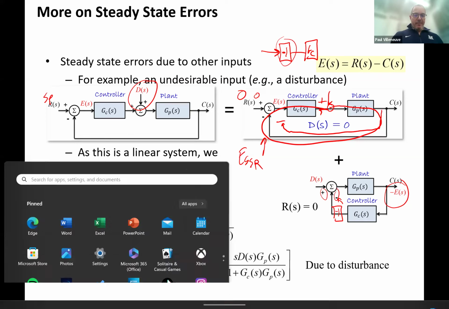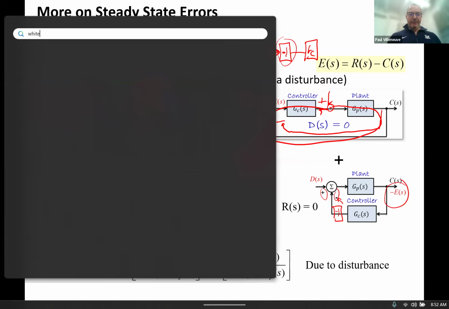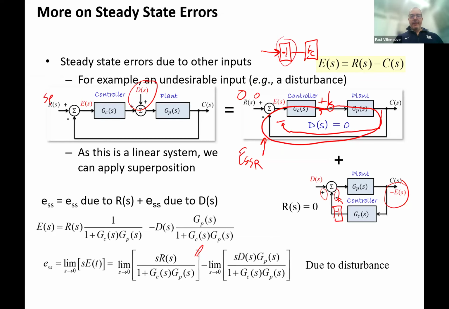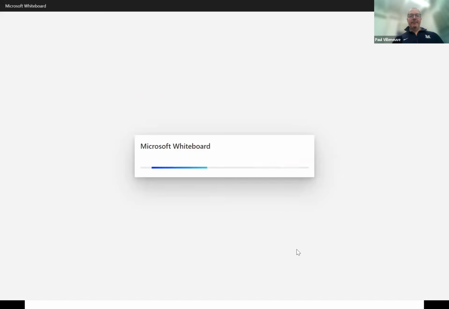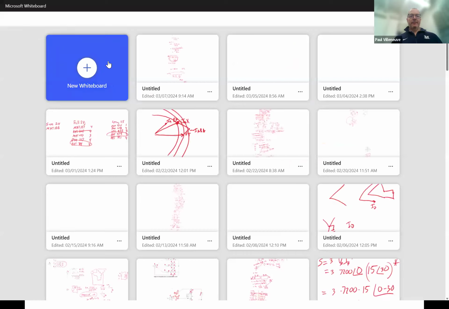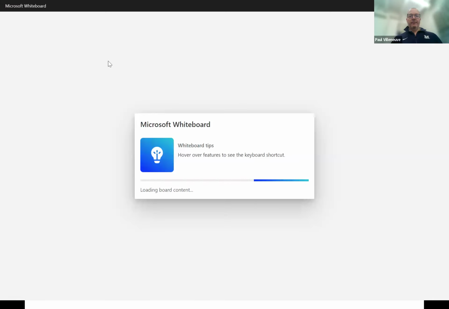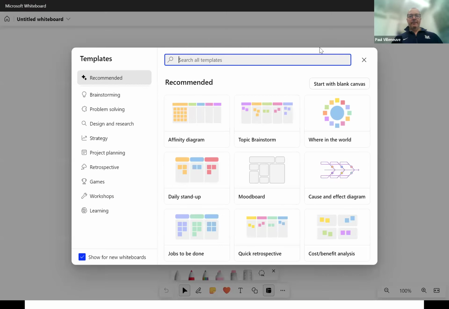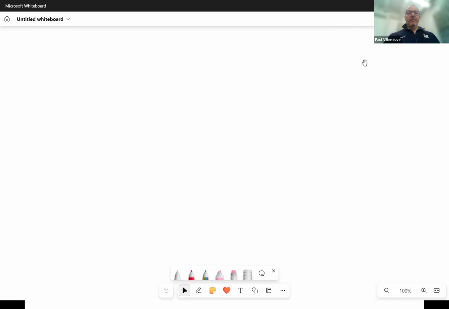So let me see if I can show this. Let me bring up the whiteboard. Let's see if this makes sense. Okay, so does everybody agree that, let's just draw it all the way from scratch.